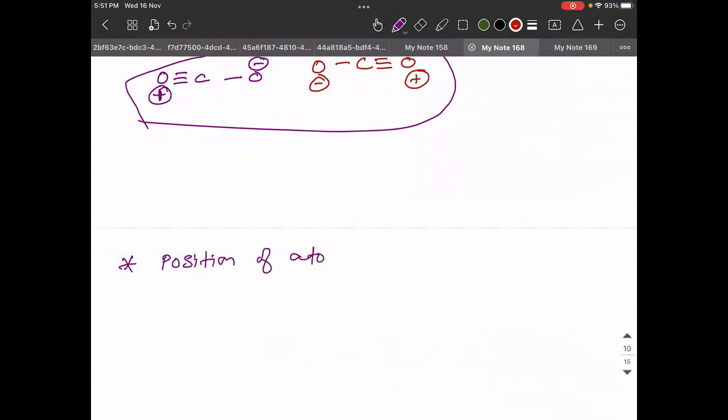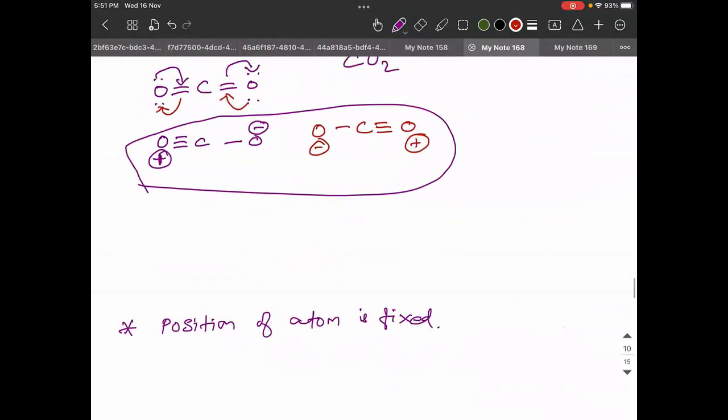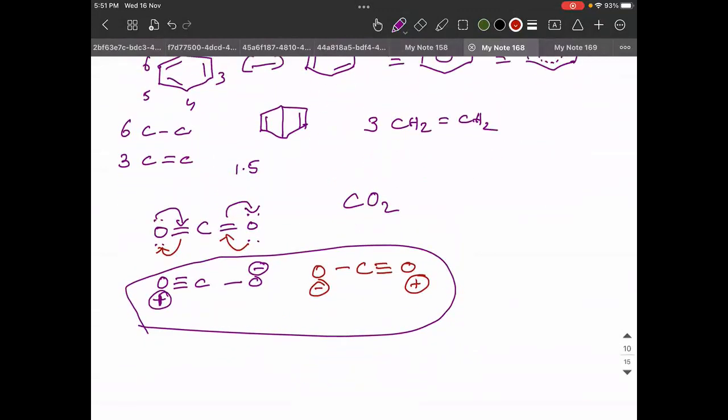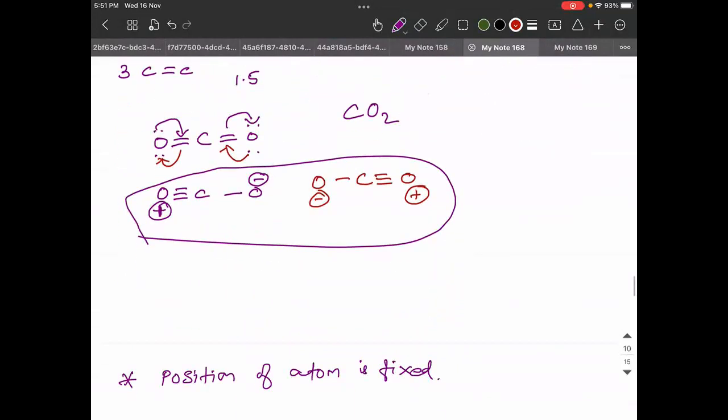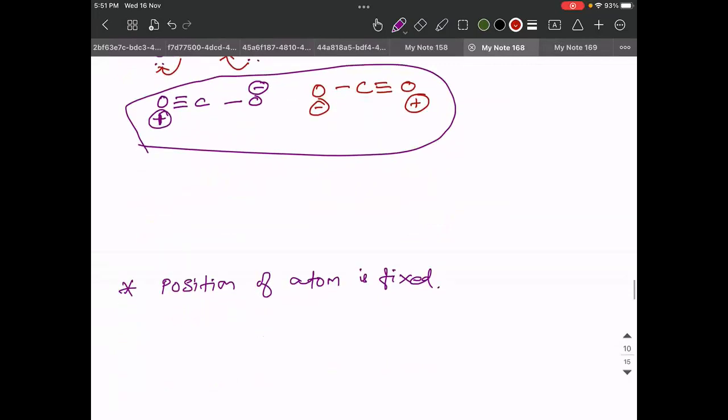When you are writing the resonance structure, the carbon is the center and the two oxygens are the peripheral atoms. The atoms should be fixed. Only the migration of electrons can take place, but it should have the same number of lone pairs of electrons.